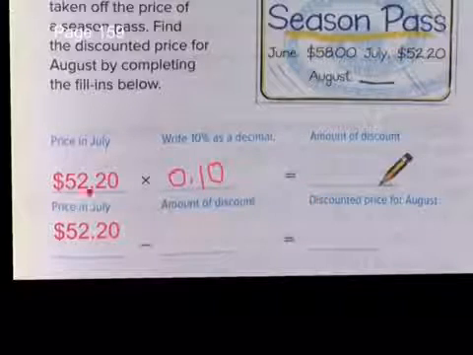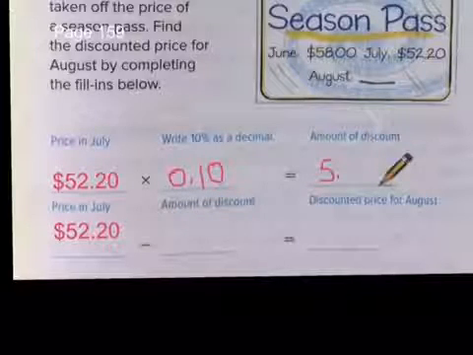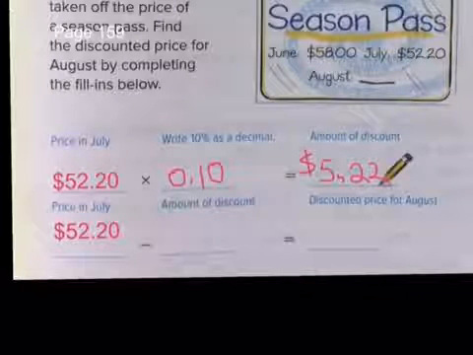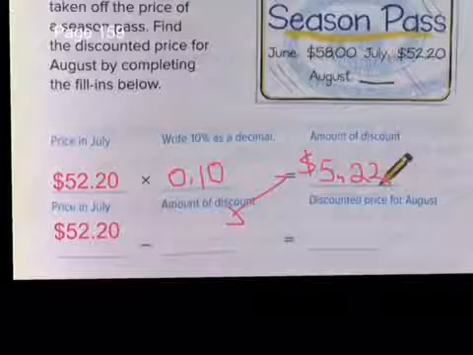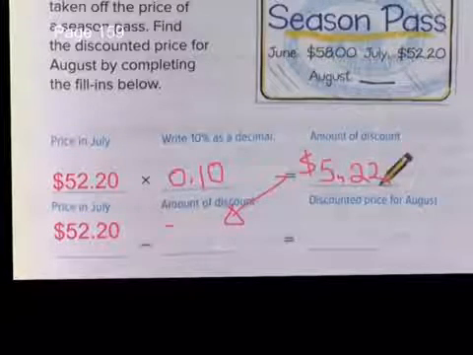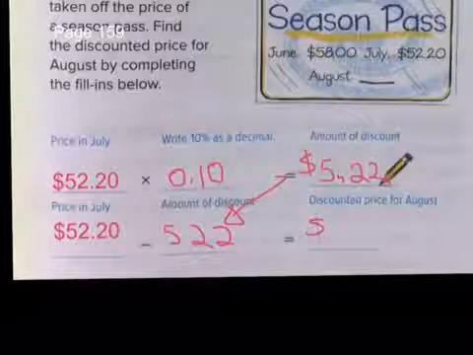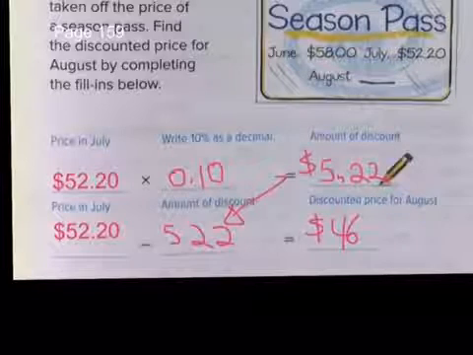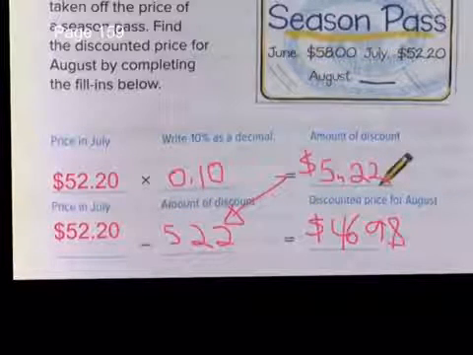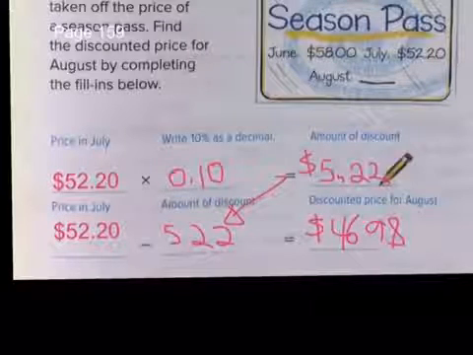We know that simply by moving the decimal over one place, that is 10%, so it's 5.22. Now we need to subtract that amount from the original amount that we have here. So we write it in, minus 5.22 equals $46.98. And that is our price in August.